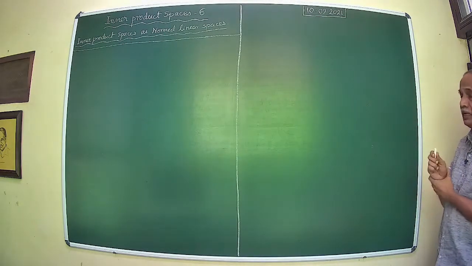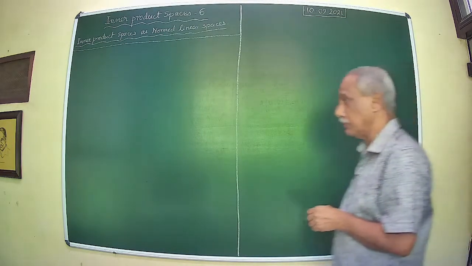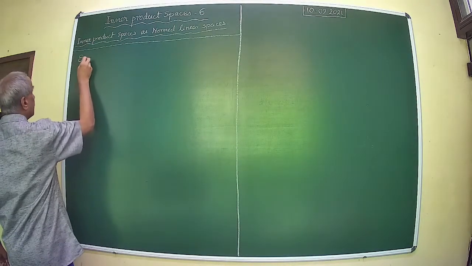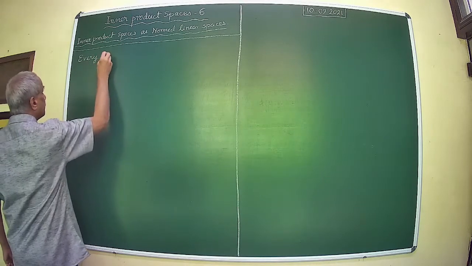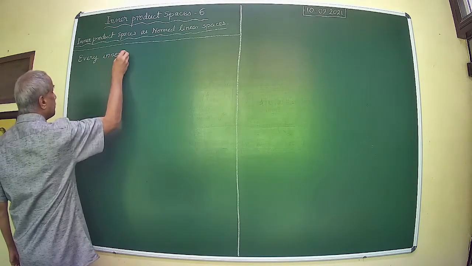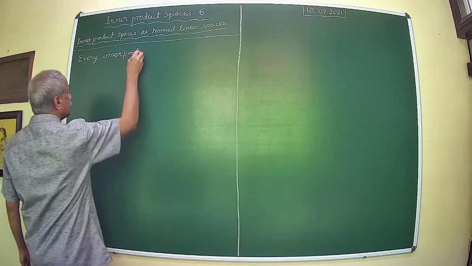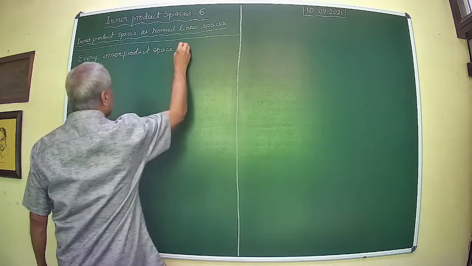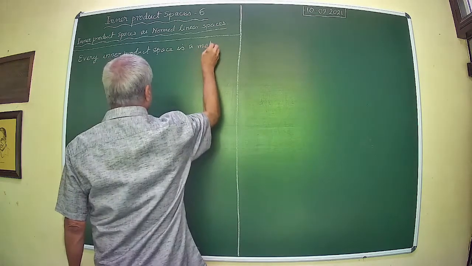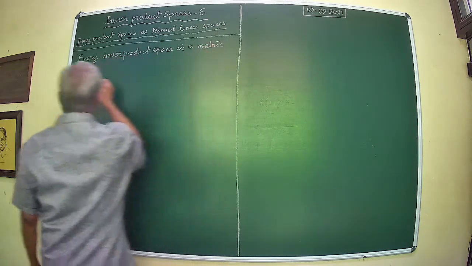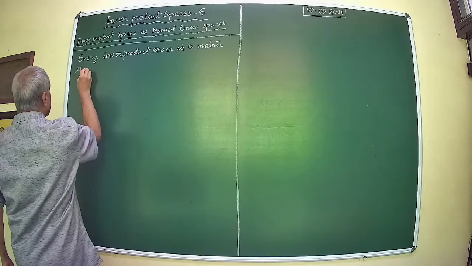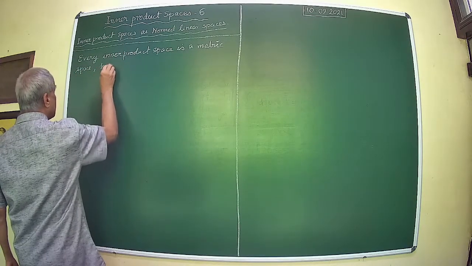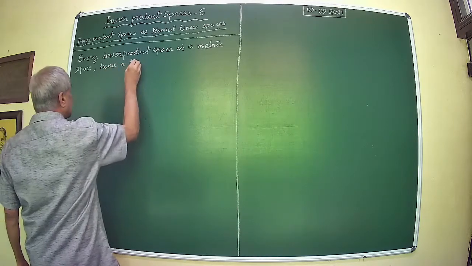Therefore, every inner product space is a metric space. So this is what we concluded. And hence a topological space.